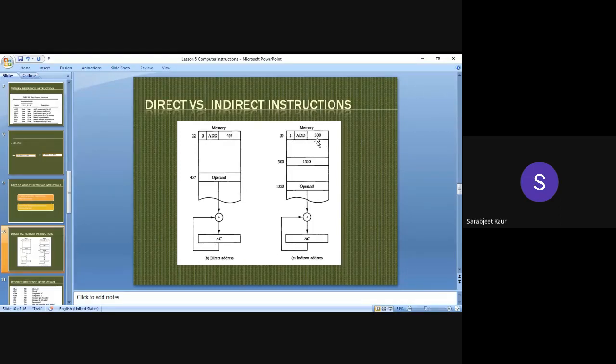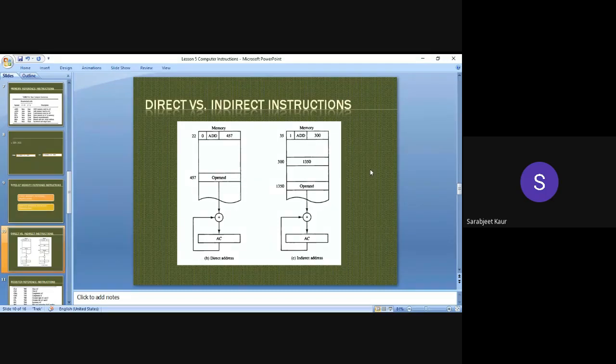But in the address part, the address that I get is not where the actual operand is residing. Instead, when I go to the address that I get, I get another address at which the operand is actually located.